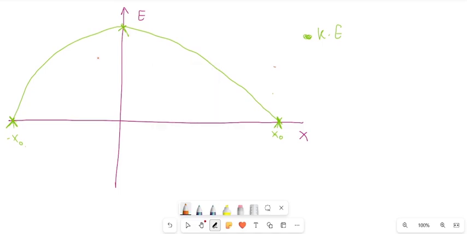Now, when there is maximum amplitude, there is one energy that is maximum as well, that is gravitational potential energy.